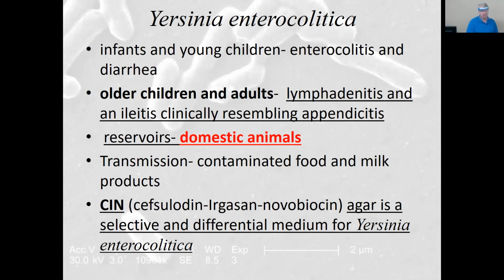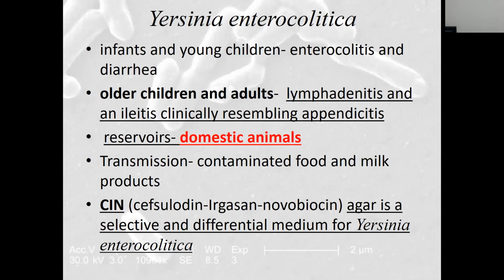Sounds like I should still be screening for it. In older children and adults, it shows as lymphadenitis and ileitis, clinically resembling appendicitis. Reservoirs are domestic animals. Transmission is through contaminated food and milk products.